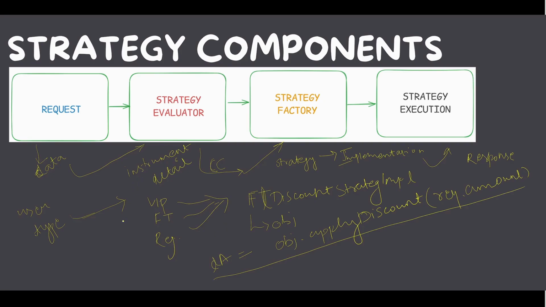So we saw that the strategy evaluator that we implemented had if-else conditions in it. So you would be thinking if in future we want to add a new strategy, then we'll have to go and change the evaluator implementation, which violates the open-closed principle.